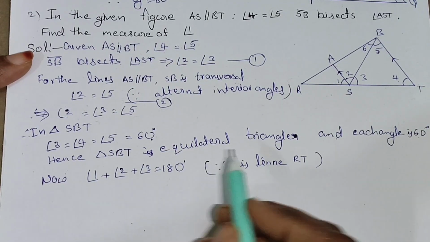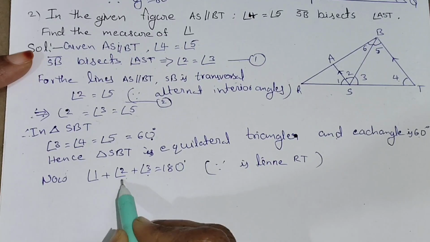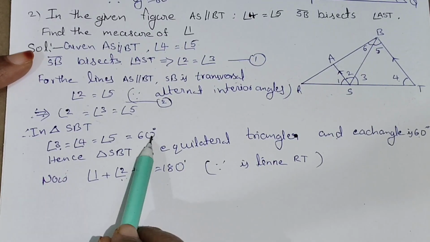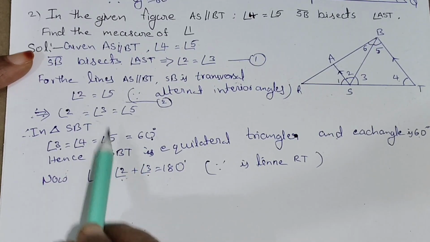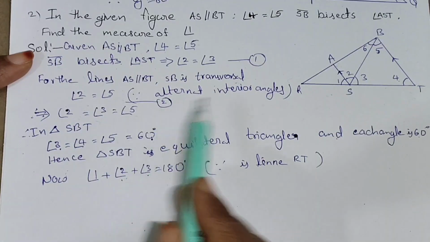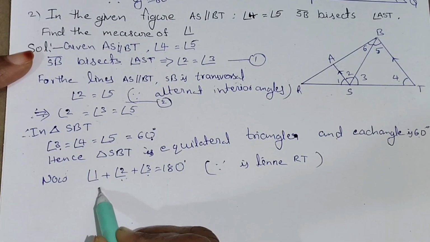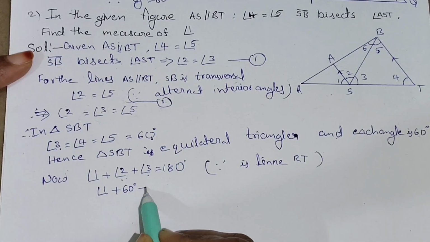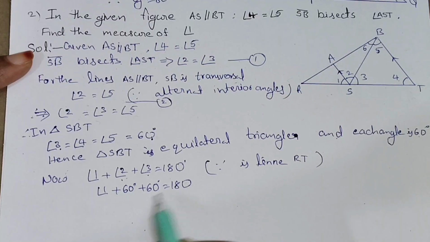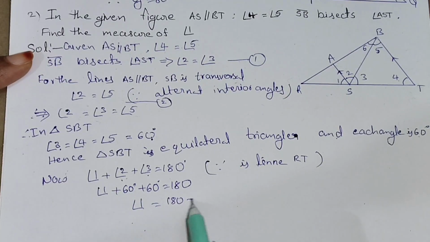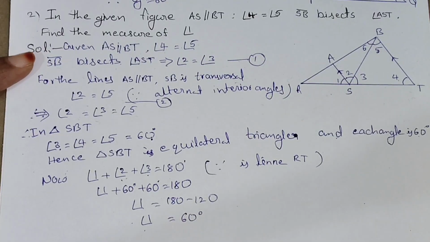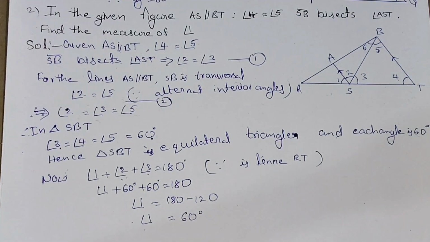Already we know angle 3 equals 60 degrees, and angle 5 equals angle 2, so angle 2 is also 60 degrees. So angle 1 plus 60 plus 60 equals 180. Angle 1 equals 180 minus 120. Angle 1 equals 60 degrees. So this is the complete answer to the second question.